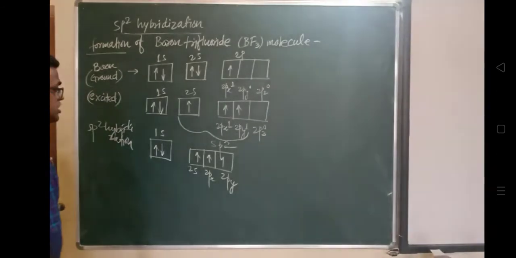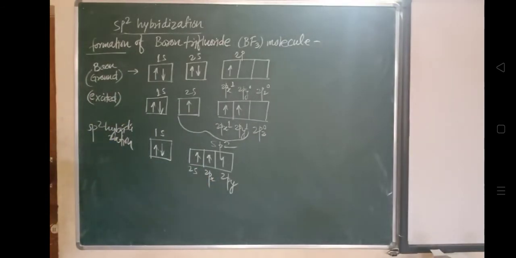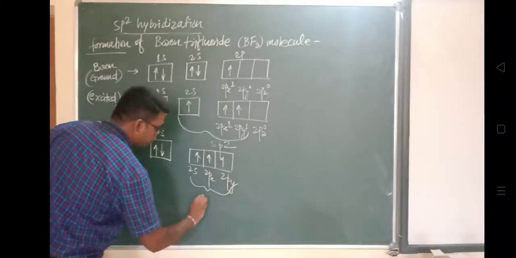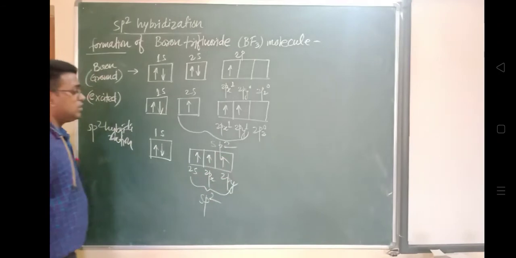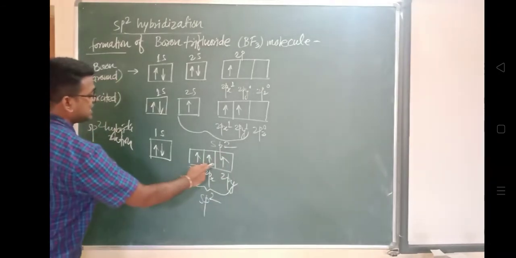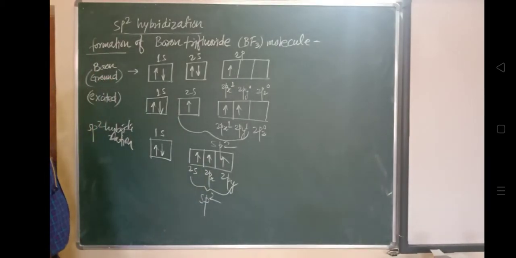If we write down the electronic configuration, it's 1s2, 2s2, and 2p5. So 2 plus 2 is 4, plus 5 is 9. In this way, the last p orbital, the second p orbital, will be like this. This is the 1s orbital, this is the 2s orbital.